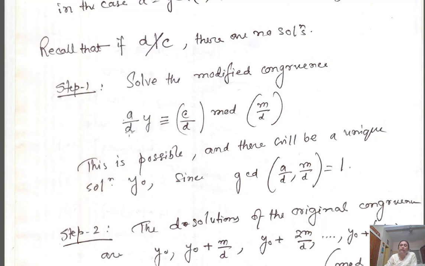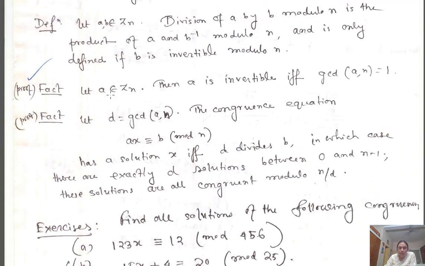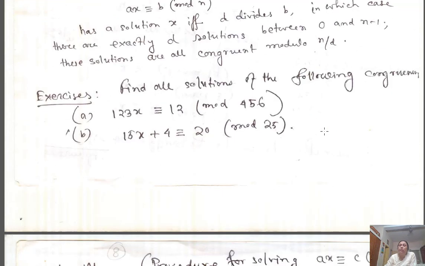So you can find the multiplicative inverse of a over d modulo m over d. How to find a multiplicative inverse modulo something, we will discuss using the extended Euclidean algorithm. Here we have seen that a belongs to Zn, a is invertible if and only if a and this modulus n are co-prime. So that we are using here.